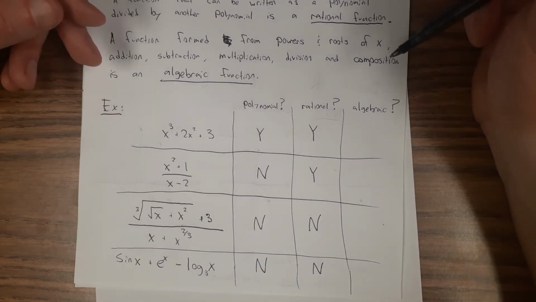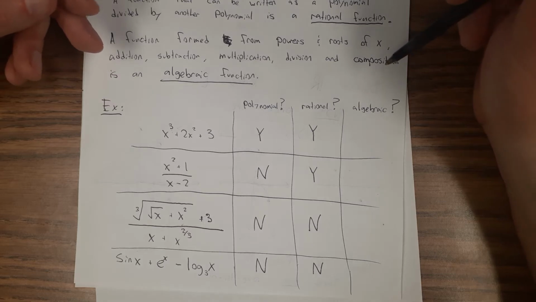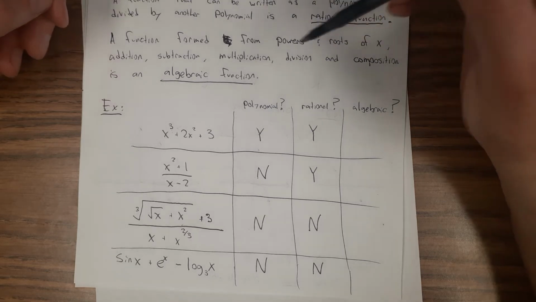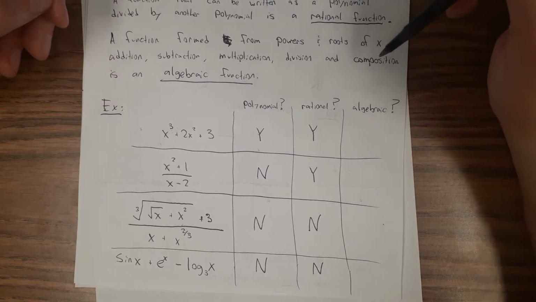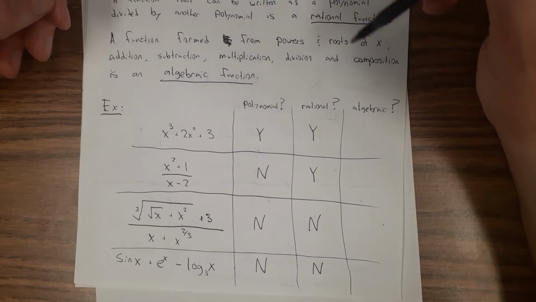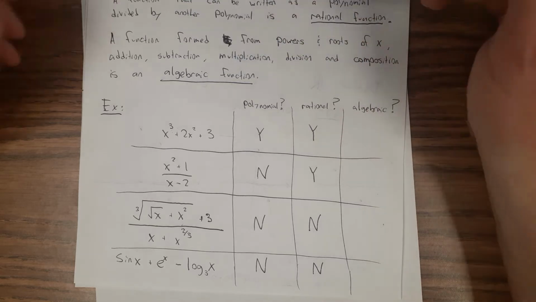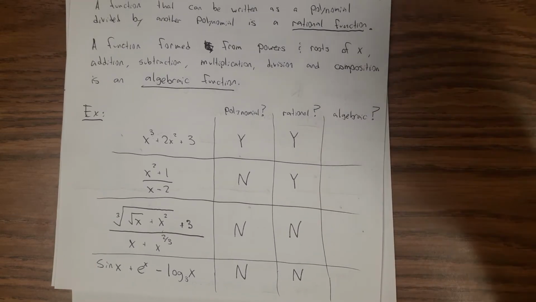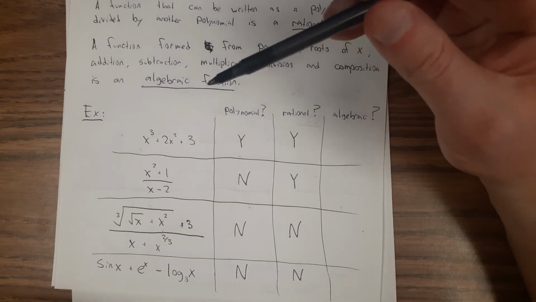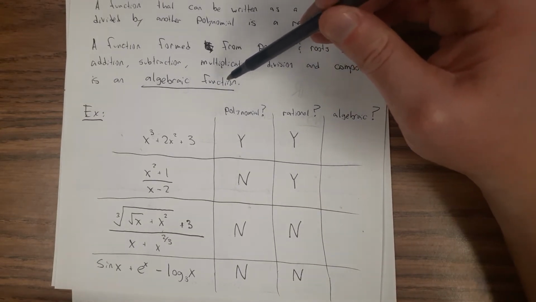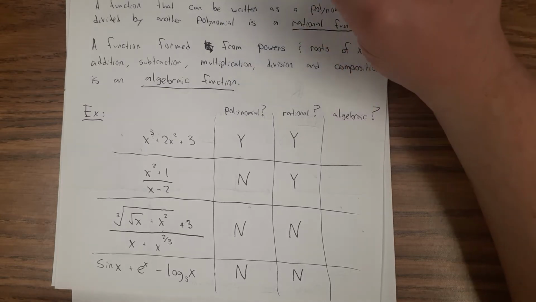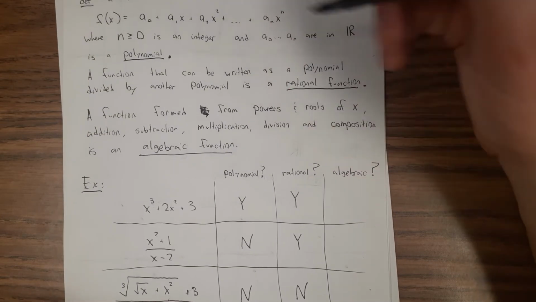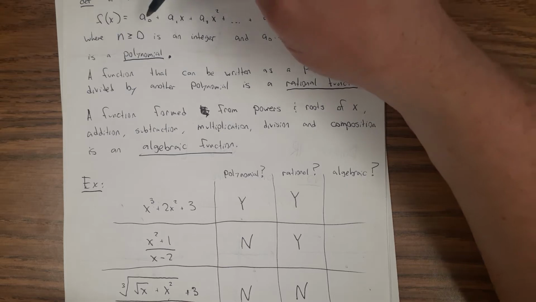I'll show you an example in just a second. But composition is like when you're doing f of g of x. That's composition. Any such thing is called an algebraic function. And an algebraic function automatically includes all polynomials, because how do I make a polynomial?